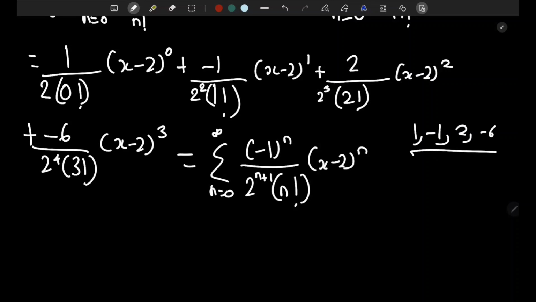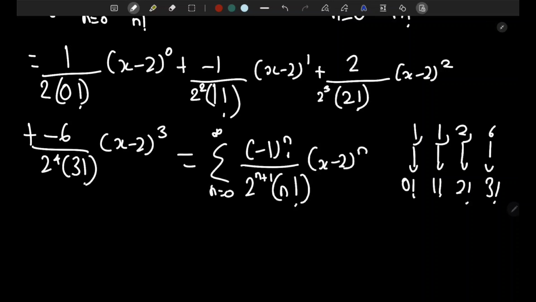So what pattern is this behavior? And actually ignore the sign for now because we already took care of the sign. This here is 0 factorial, this is 1 factorial, 2 factorial, 3 factorial. So we have another n factorial in the numerator.